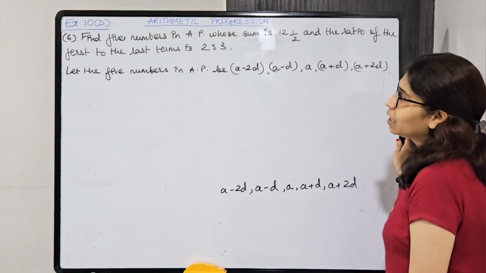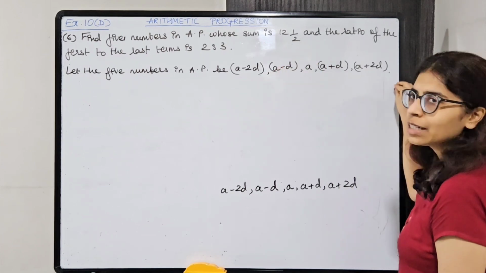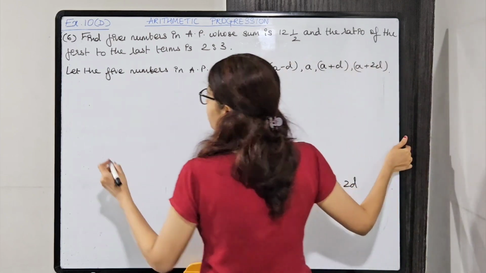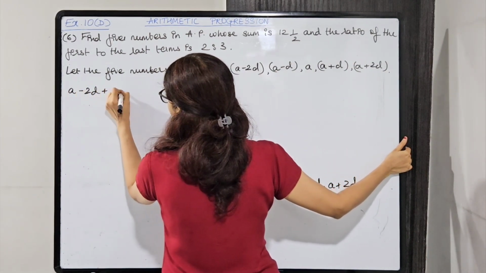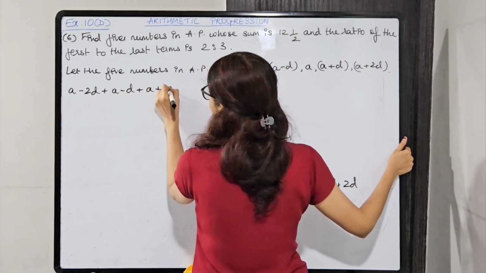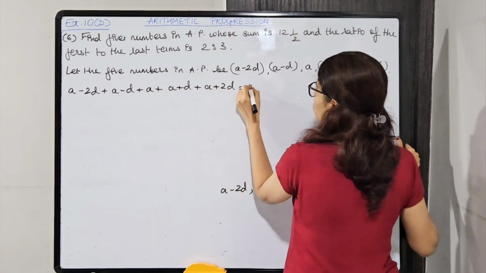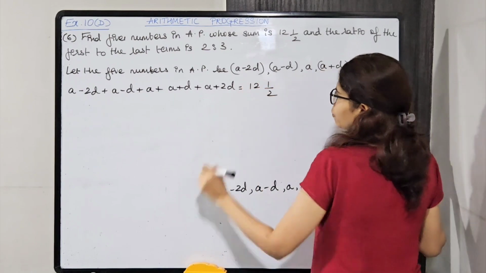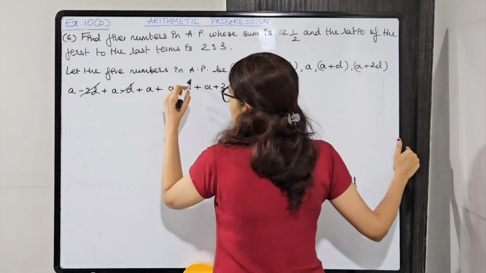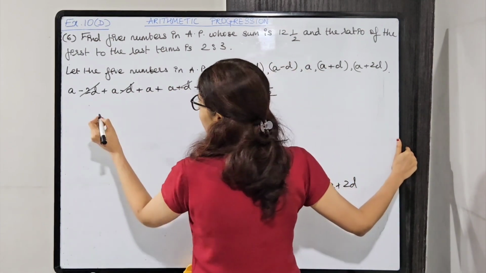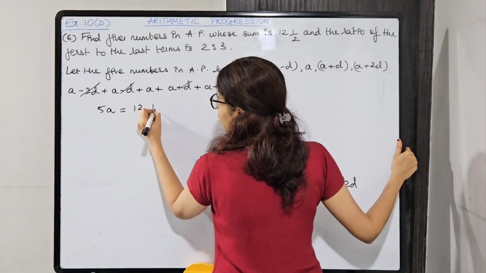Okay. 5 numbers whose sum is 12.5, so add all of them to get 12.5. So A minus 2D plus A minus D plus A plus D plus A plus 2D is equal to 12.5. Okay. 2D minus 2D, D minus D all cancel. We are left with 5A is equal to 12.5.